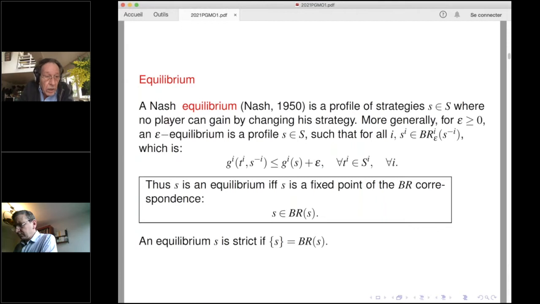More generally, you can define epsilon equilibria, which means that if you move, you will not gain by more than epsilon. So s is an equilibrium if and only if s is a fixed point of the best reply correspondence. This is the main use of the best reply correspondence. An equilibrium is strict if it is the only best reply to itself.